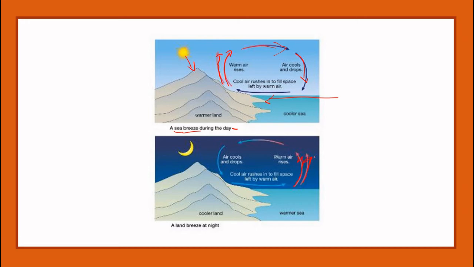So you'll get rising, warmer air off the ocean, and at altitude, it starts to move back across onto the land, sinks back down, and early in the morning, you might find if you go to the beach, you've got these nice offshore breezes, so the surf's nice and clean, because of this idea of a convection current being set up with warm air rising off the ocean, cool air sinking back down over land, and that convection current being set up in the opposite direction as you'd find it in the afternoon with those strong sea breezes.